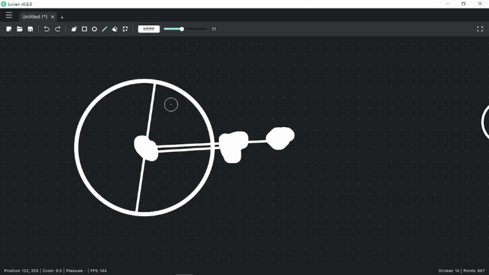If this is the diameter, 1.08, we can approximate to 1, so it's like 2.